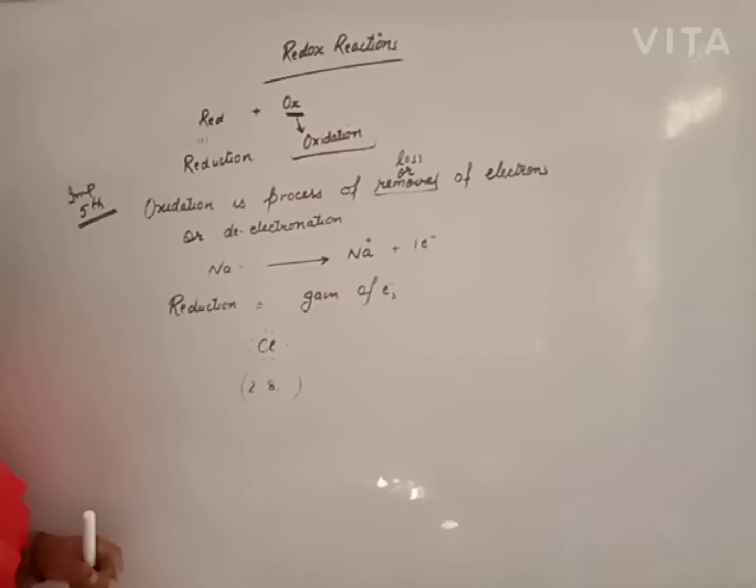Or you can say, better, removal of oxygen is also reduction. How will you show removal of oxygen? Suppose this compound, copper oxide, has oxygen, and it reacts with hydrogen to give pure copper.